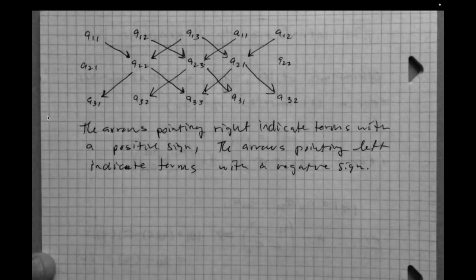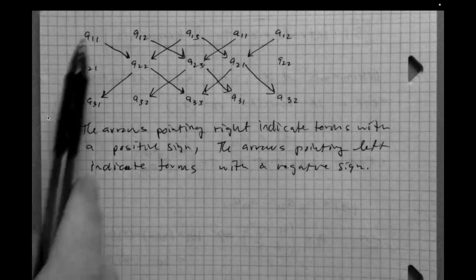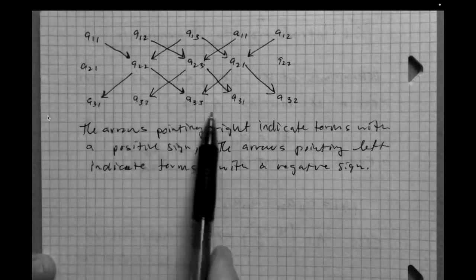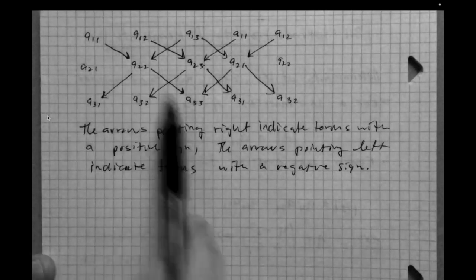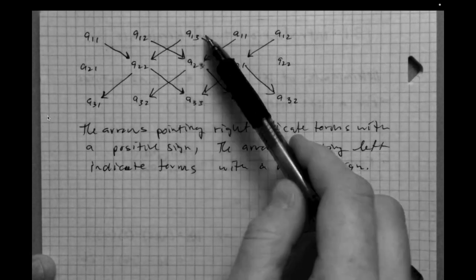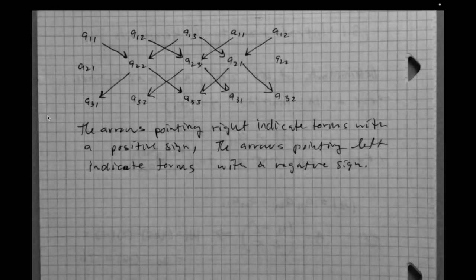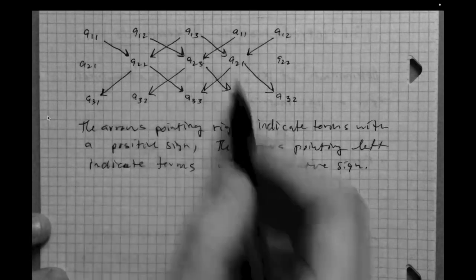in the natural places. The arrow has to include a product of three numbers, so it has to be diagonal. Here's the first one, the second one, the third, fourth, fifth, sixth. So pretty easy to remember. Now, this technique is sometimes called basket weaving, because it kind of looks like how you weave a basket.